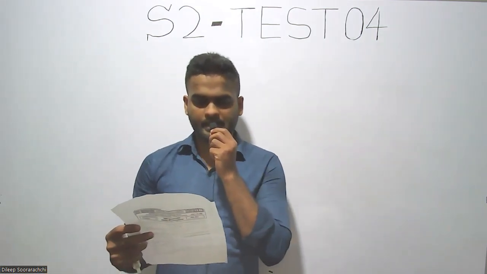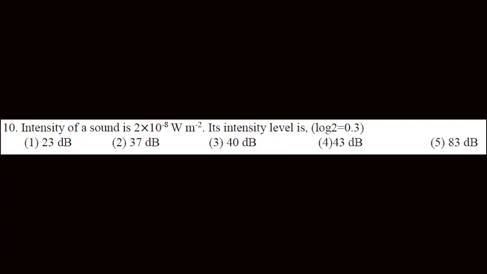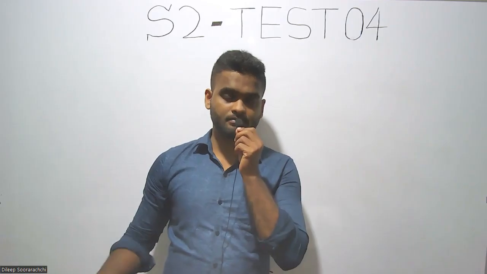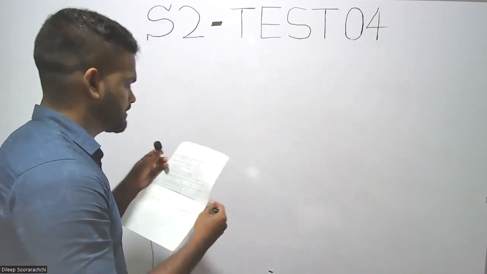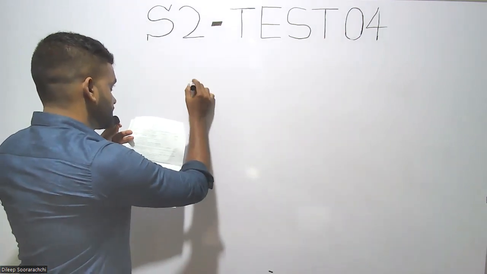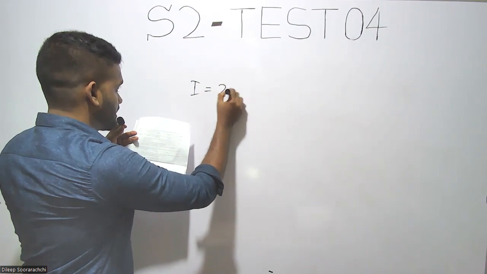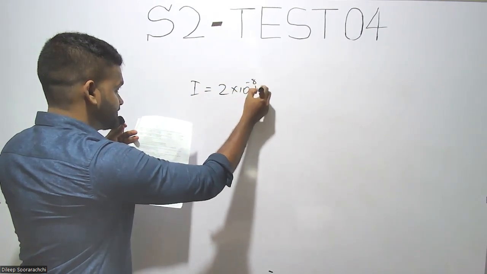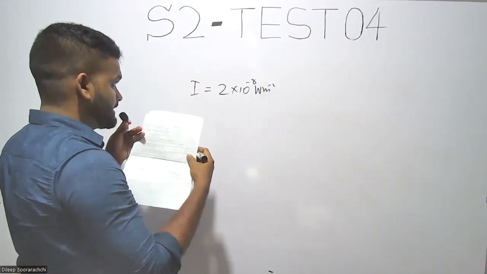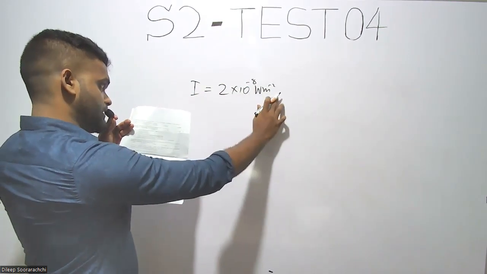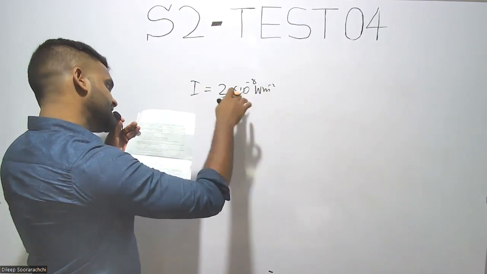Right, 10th question. Intensity of a sound is 2 times 10 to the minus 8 watts per square meter. Its intensity level is. So they have given intensity of sound, that is 2 times 10 to the power minus 8. So what they ask is intensity level.